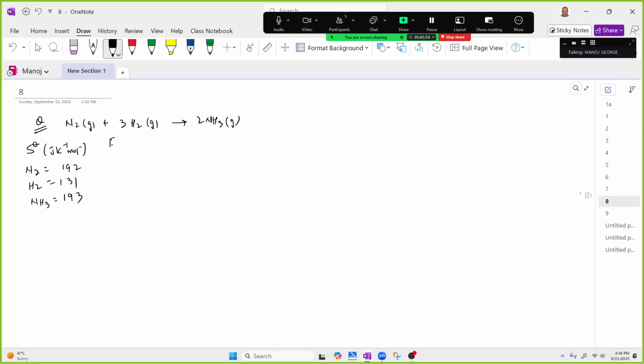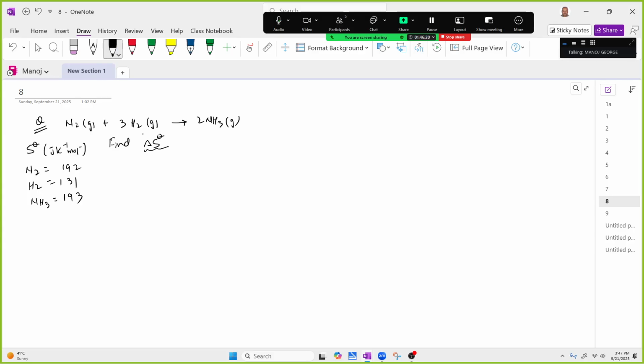The question is find the entropy change of the system. Like basically your syllabus just says find entropy change, but they don't use the concept of entropy total. So they will just say find entropy change. That's it. They won't specify this system. This is how most of the time your past papers will show the question.